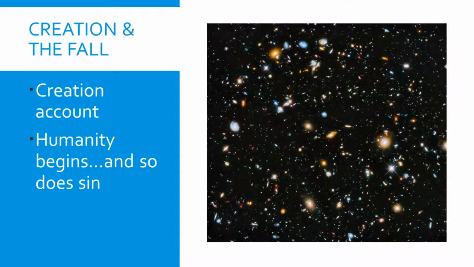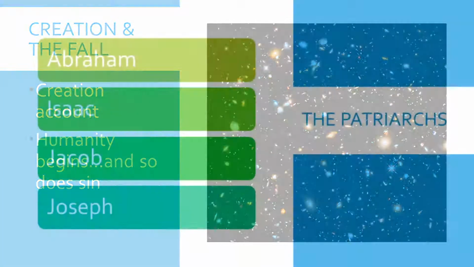Cain and Abel, the sinful nature of humanity, where God destroys the world in Noah, as well as the sin against God in general, right? This haughtiness that needed to be addressed that takes place in the Tower of Babel story. Okay, so creation, fall, boom.